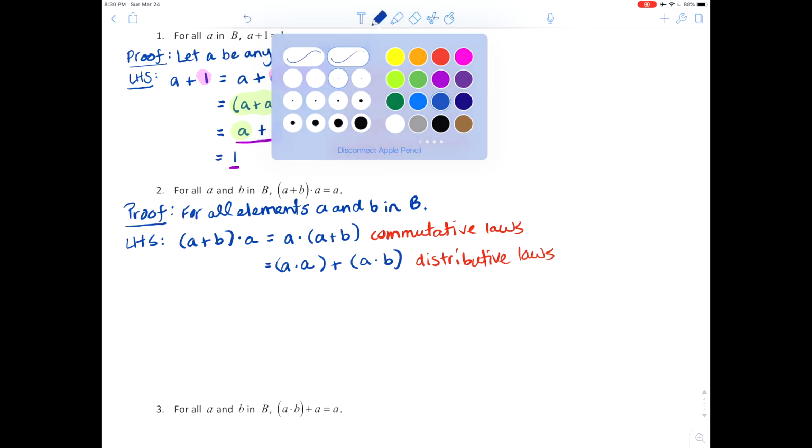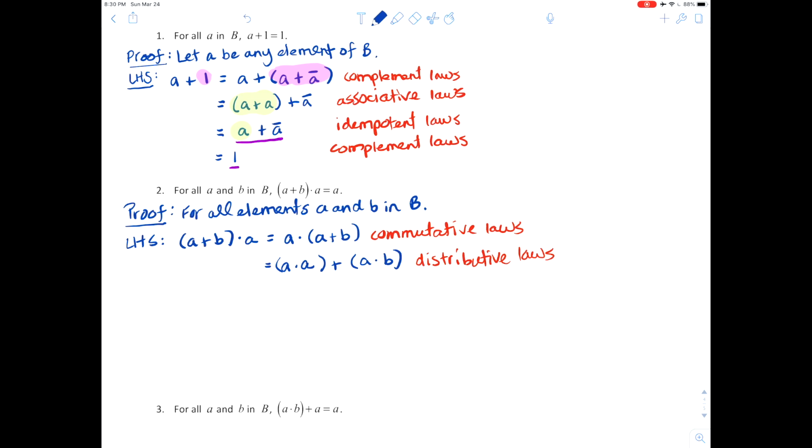And then this one will equal, well, A and A, it's just A by the idempotent laws, right? So we'll have A or A and B.